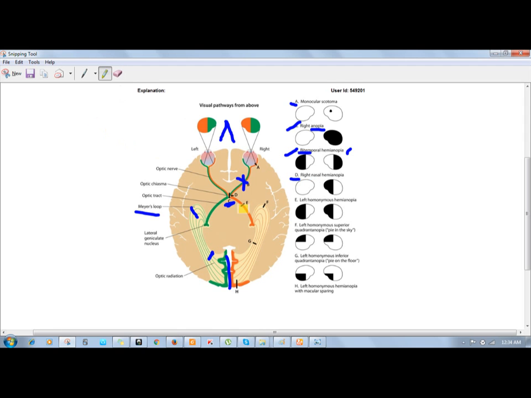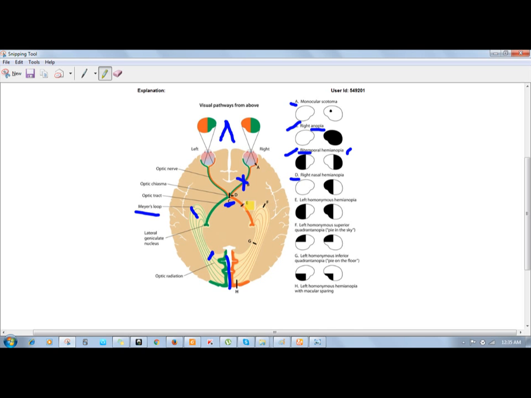Okay, and next we have damage to the optic tract. This is the left optic tract and this is the right optic tract. The right optic tract carries information from the left visual field of both eyes.